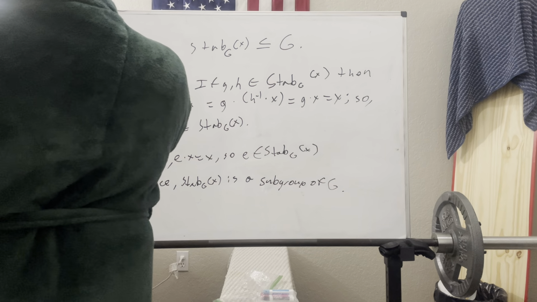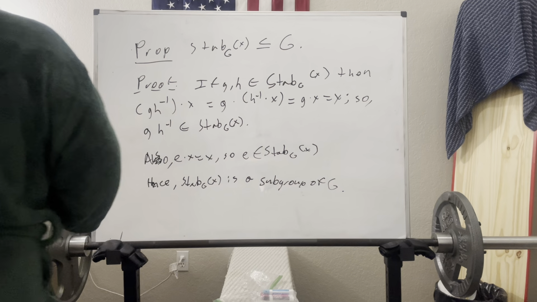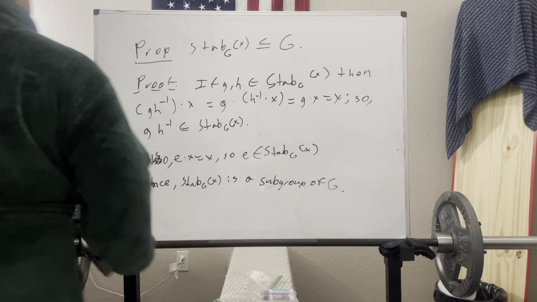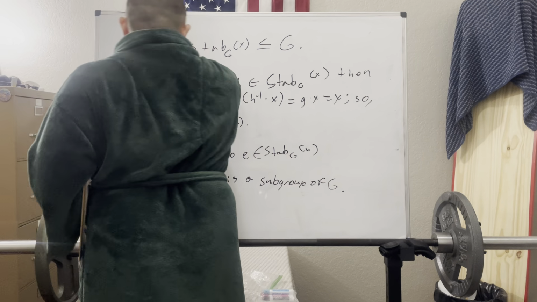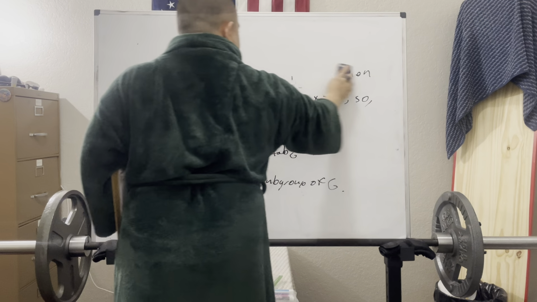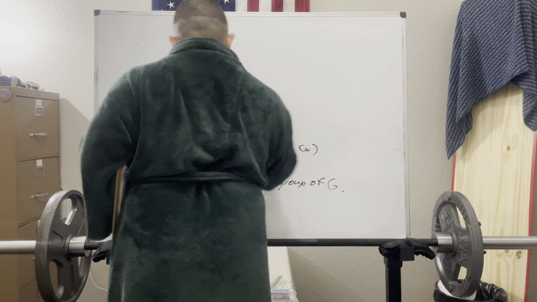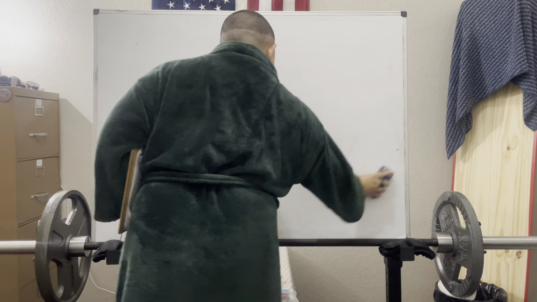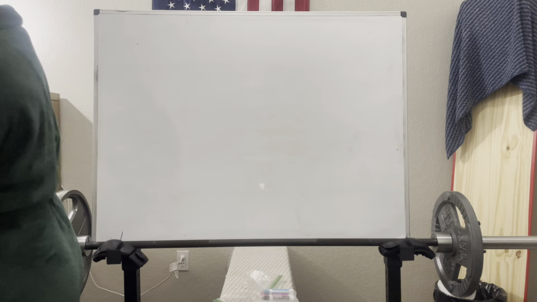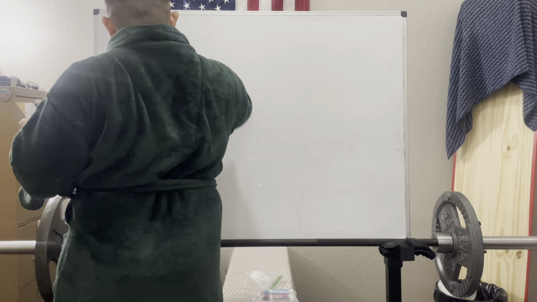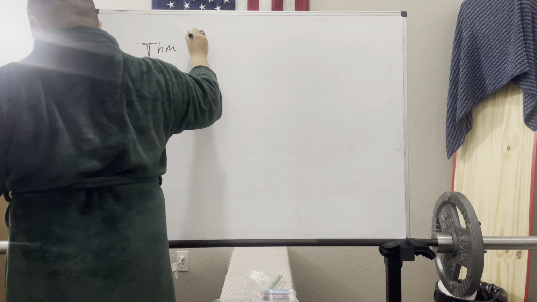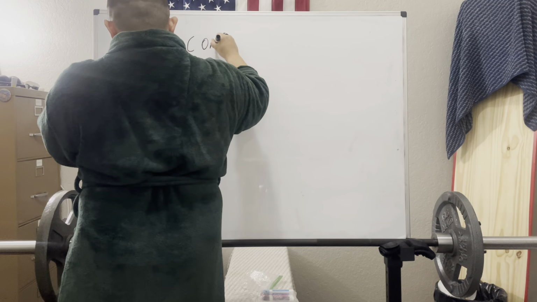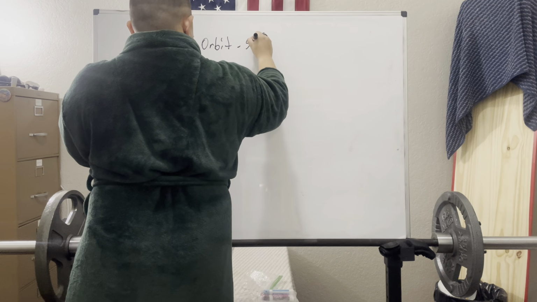Now let's approach a major theorem, a definition, and another proposition before getting into a few more calculative examples. So there's the orbit-stabilizer theorem.